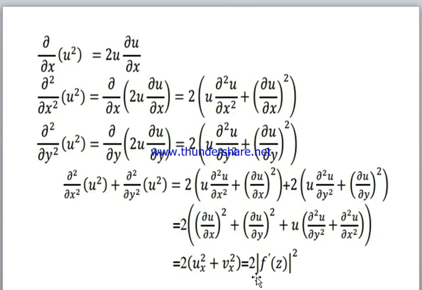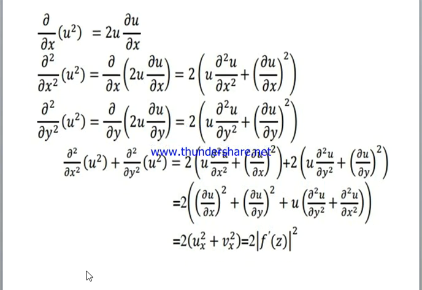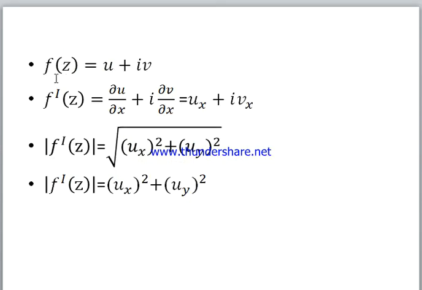This value is modulus of f dash of z whole square. We know that f of z is equal to u plus iv, and the derivative of f of z is dou u by dou x plus i dou v by dou x, that is ux plus i vx.